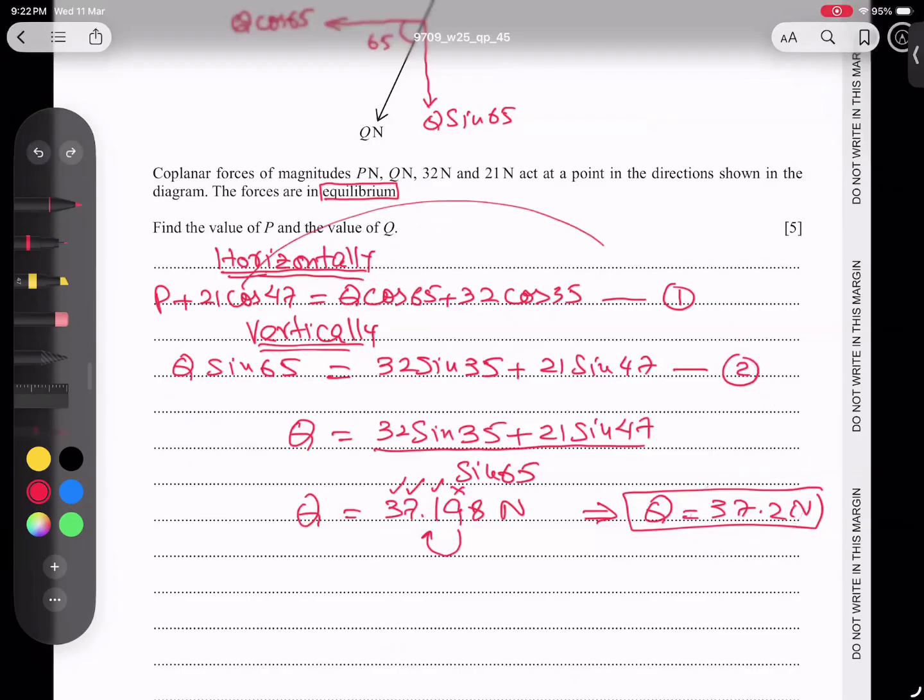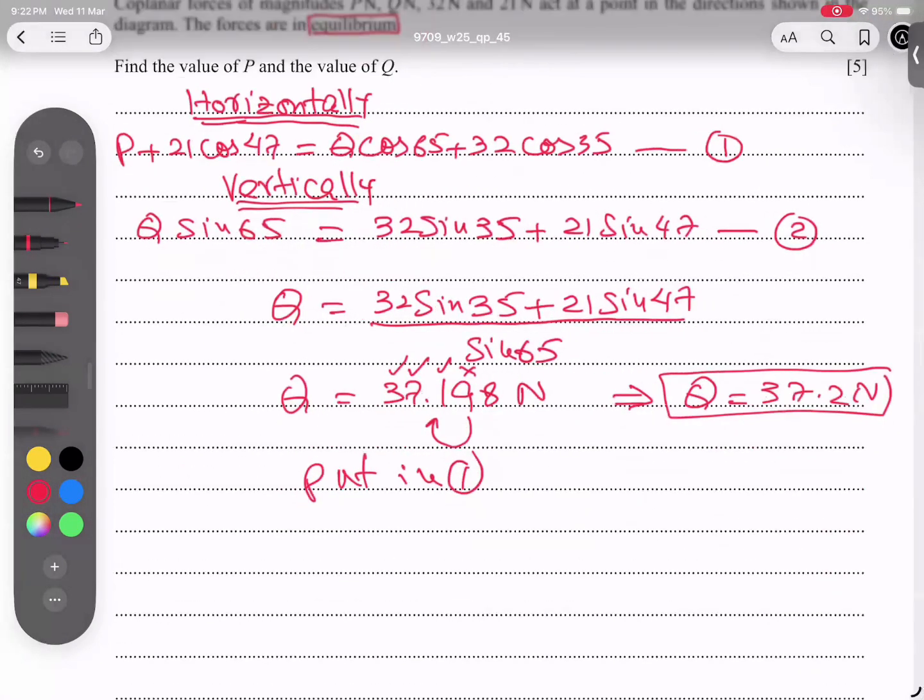This force will subtract, so I put it into equation 1. P equals, and I will not use the rounded value, I will use it without rounding: 37.198 times cos 65 plus 32 cos 35, and negative 21 cos 47.